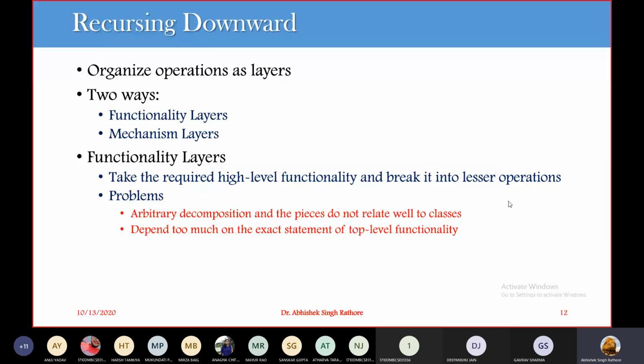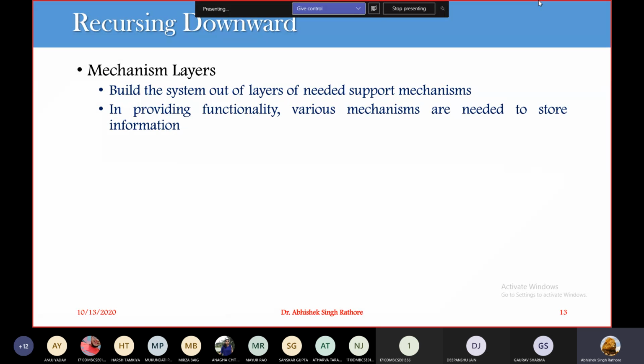So what is this mechanism layer? This particular mechanism layer means that you are building your system out of layers of needed support for mechanisms. So when we are providing functionality, we need various mechanisms to store our information.